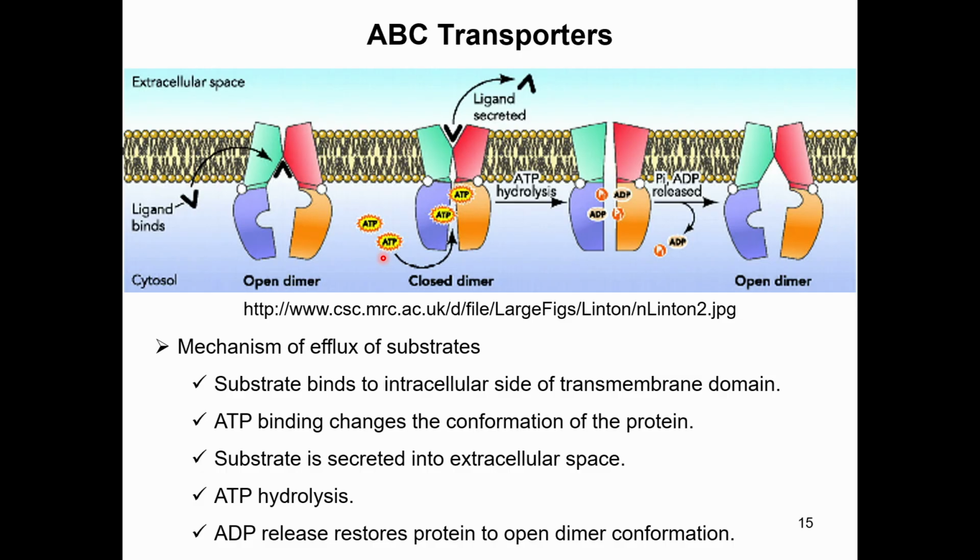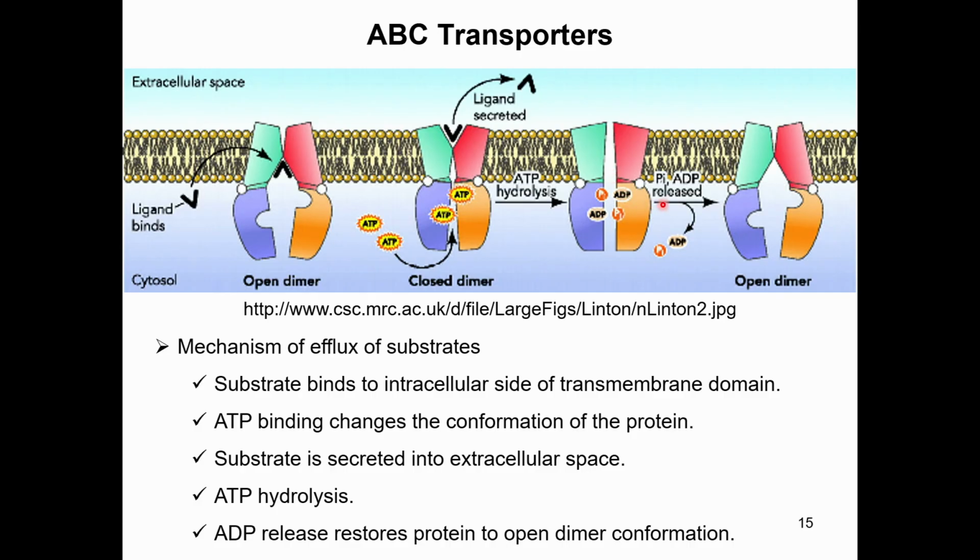They exist as dimers, and they have closed and open positions. When it's open on the cytoplasmic side, the ligand, the drug for instance, can bind, and then ATP hydrolysis drives a conformational change, closes the dimer, and opens the top, and the ligand can be secreted to the outside of the cell.